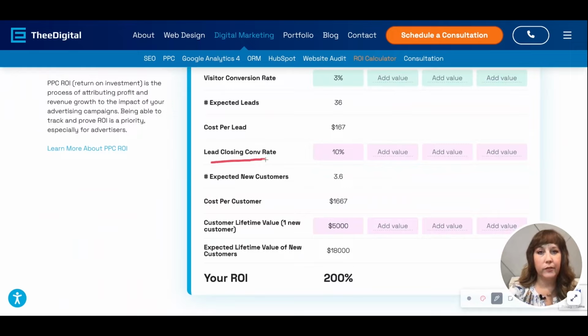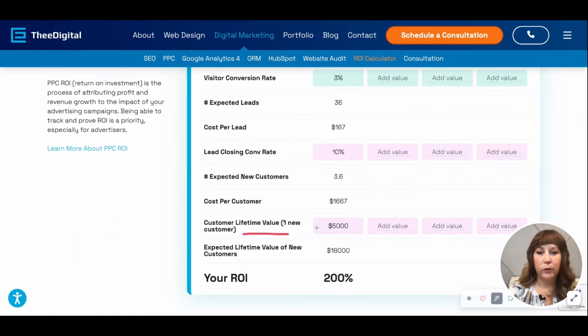The lead closing conversion rate, just like in the other calculator, is the percentage of leads that you expect your sales team to close. Expected new customers is the calculation of the leads times your closing rate. Cost per customer is your spend divided by the number of new customers.